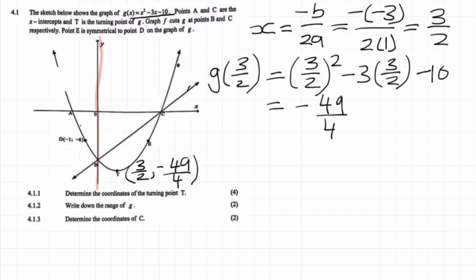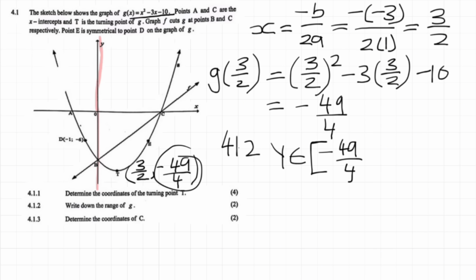Up until positive infinity. So for 4.1.2, we can say y is an element of, where does it start? It starts from this point. We talk about the y values, not the x values now. So that's from negative 49 over 4 up until positive infinity, which we put like this.